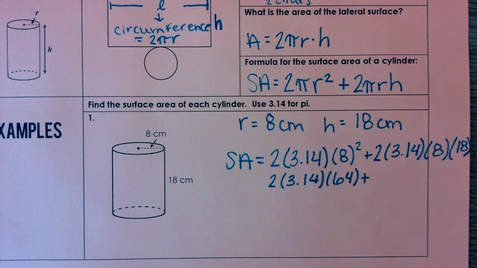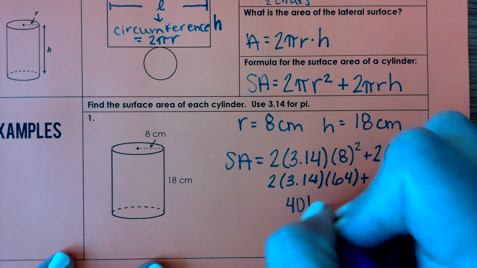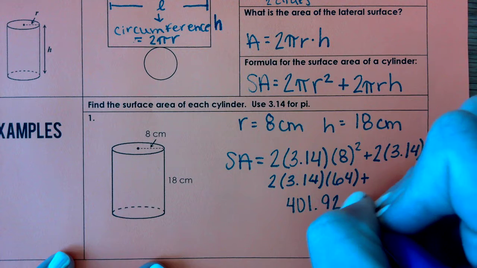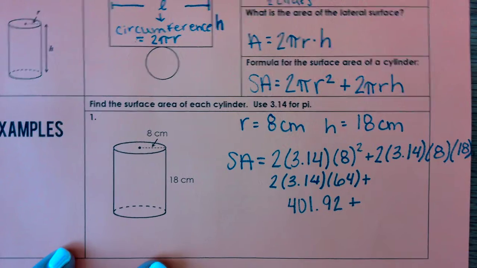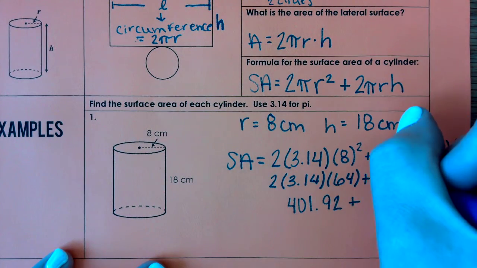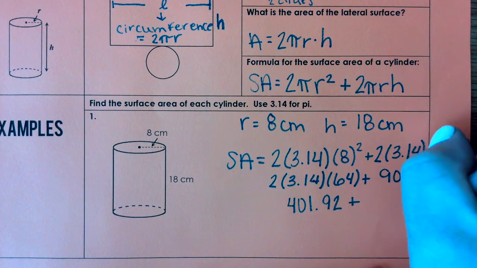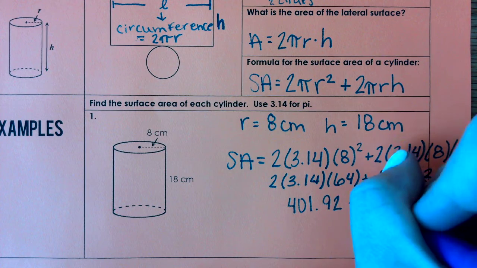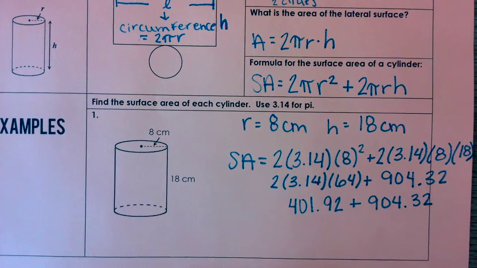That gives 401.92. Then I take 2 times 3.14 times 8 times 18, which should give 904.32.